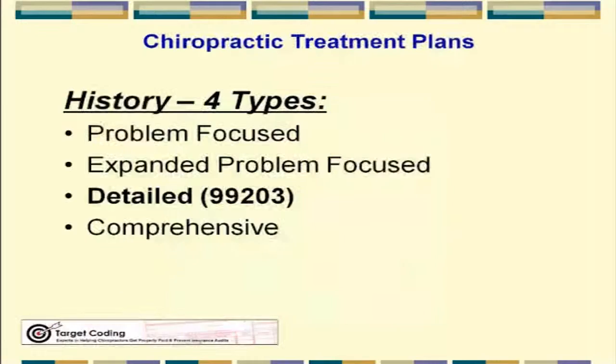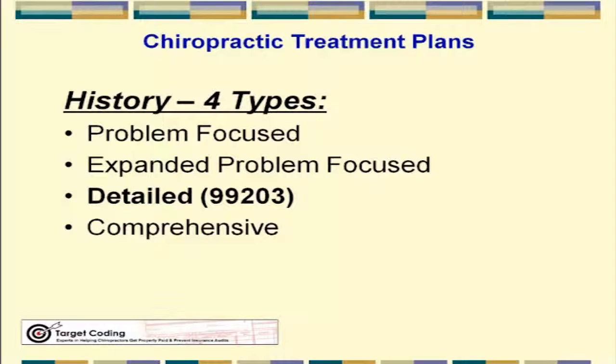There's 4 levels: problem-focused, expanded problem-focused, detailed, and comprehensive. 99203 is the most commonly billed new patient CPT code, so let's talk about it a little bit. 99203 requires that you write down, either in your software, you generate it out of your documentation software, or if you're using forms and you're filling out forms, it has to contain at least 1 chief complaint, 4 HPIs, that's the history of present illness, similar to the OPQRST, learned in chiropractic college.